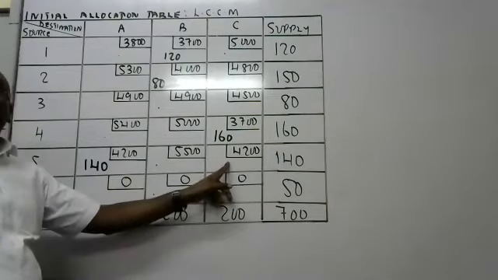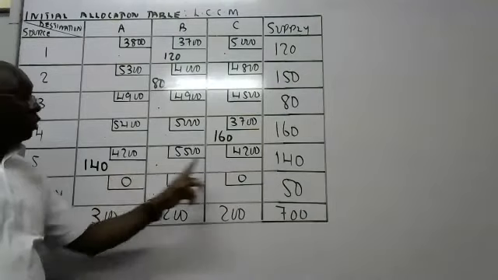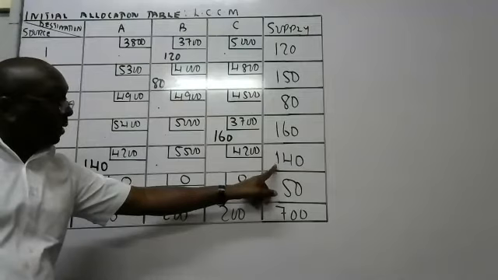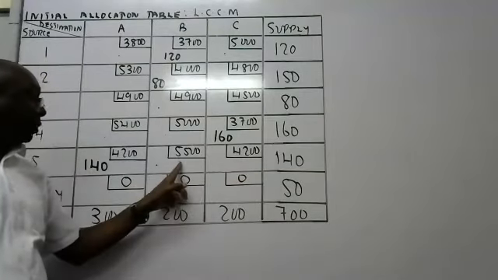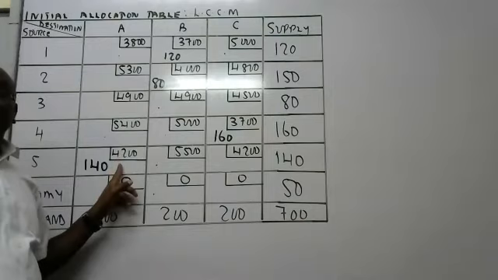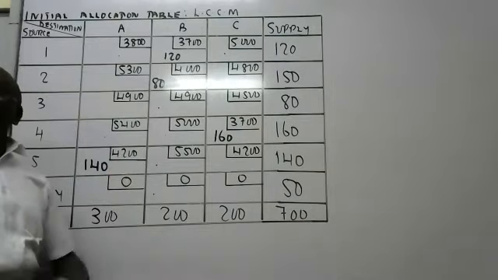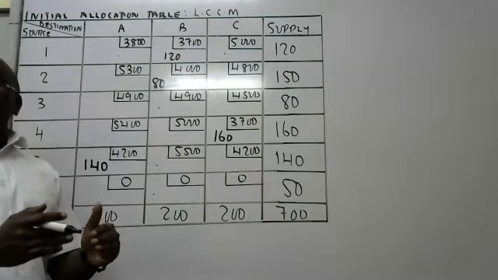The units that remain, see here you have given out 40, you remain with 100. So that 100, you end up transporting at what? 55. Instead of transporting at what? Yes. So you end up incurring more cost. So that's why you must follow that order.